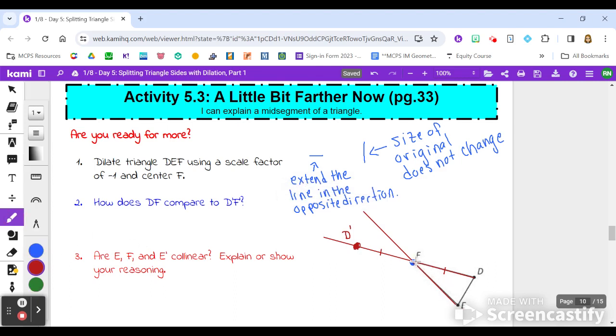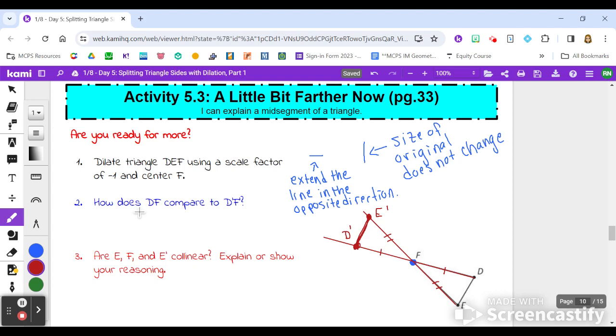And then again, our scale factor is 1, so this segment is about this long, guesstimate. So here is about where E prime is, and if I connect those two, there's the other end of our triangle. This side is congruent to this side.